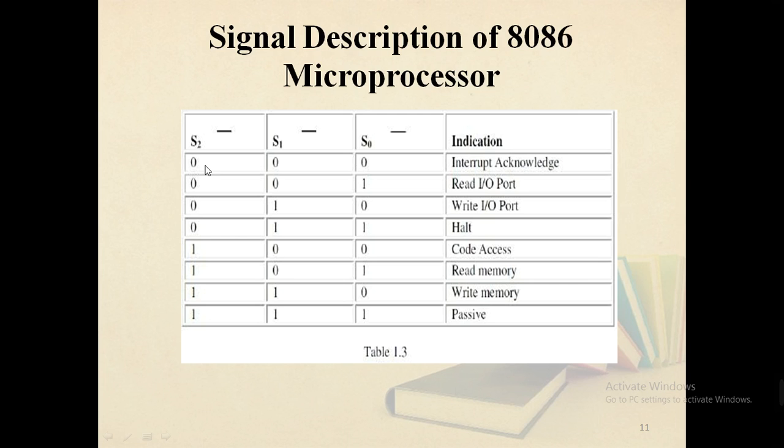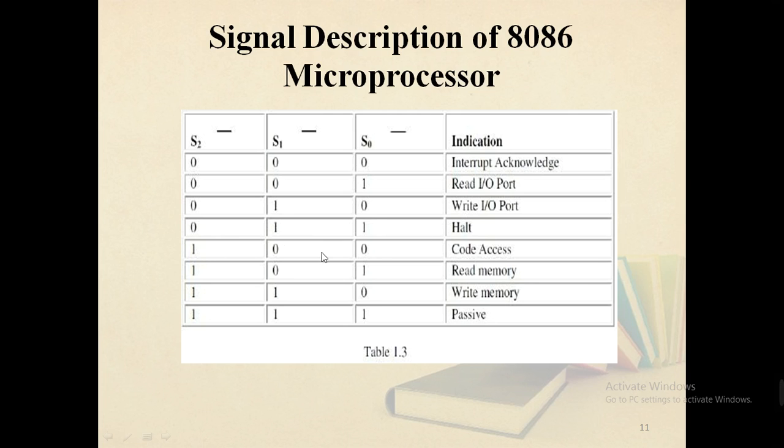Suppose all are zeros, 0, 0, 0, the processor operation is interrupt acknowledge. If it is 0, 0, 1, the processor reads an IO port. If it is 0, 1, 0, the processor writes an IO port. If it is 0, 1, 1, halt.